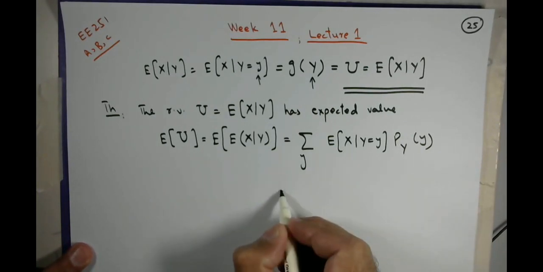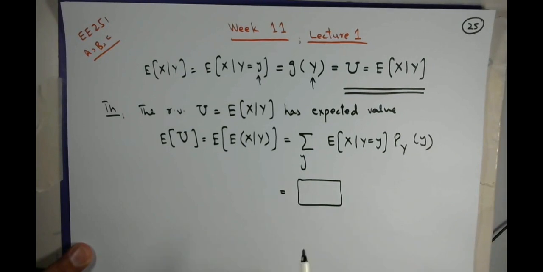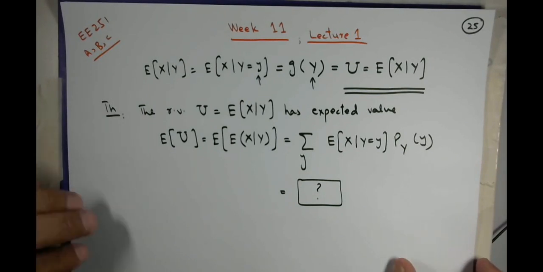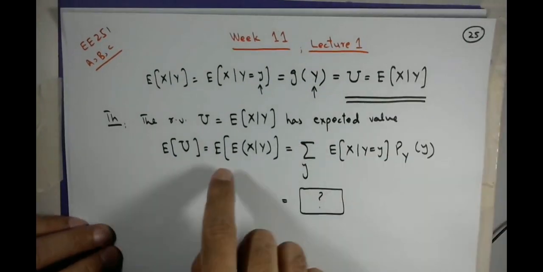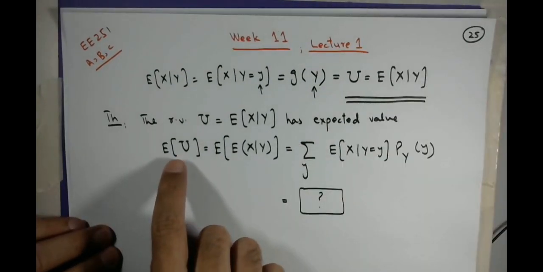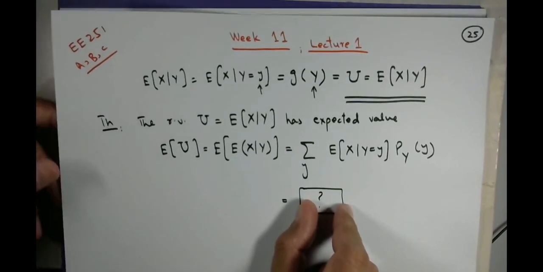By the way, this ultimately ends at some very simple expression. What is that simple expression? I'll tell you once I have proved that. So I'll move on to prove why this expectation of u can be written as a very, very simple expression.